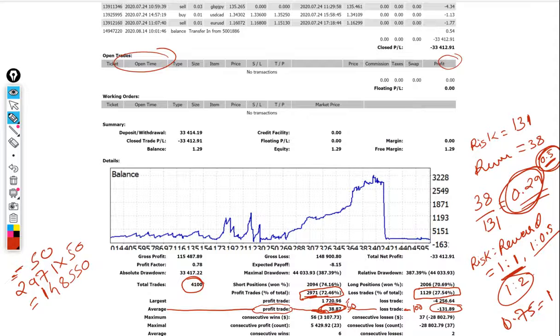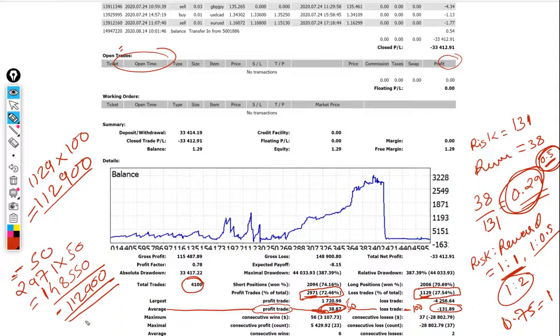So 1129 is the total number of loss trades. If we multiply that by 100, it becomes around $112,000 in losses. Subtracting that from the profit, you get around $35,000 to $37,000 net profit, as your gross profit has definitely increased because of the 0.5 risk reward.